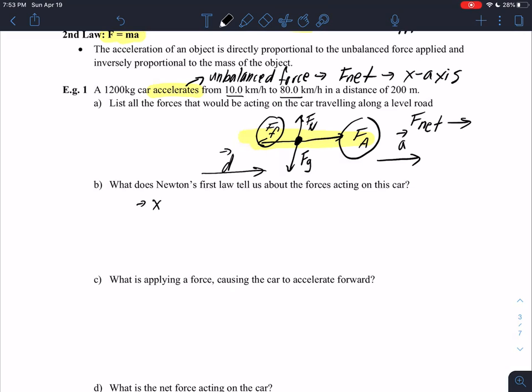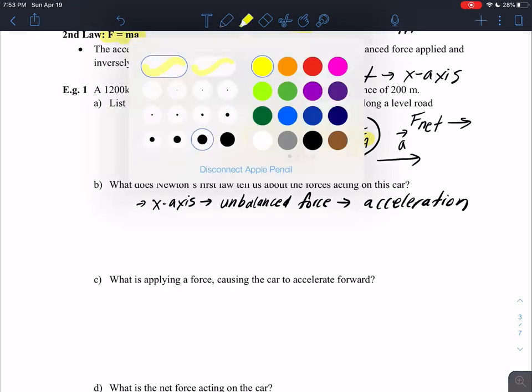So what Newton's law tells us is that in the x-axis, we have an unbalanced force, and this unbalanced force implies that we have acceleration. And I guess that's more about the second law, but whatever, we'll just put that in.